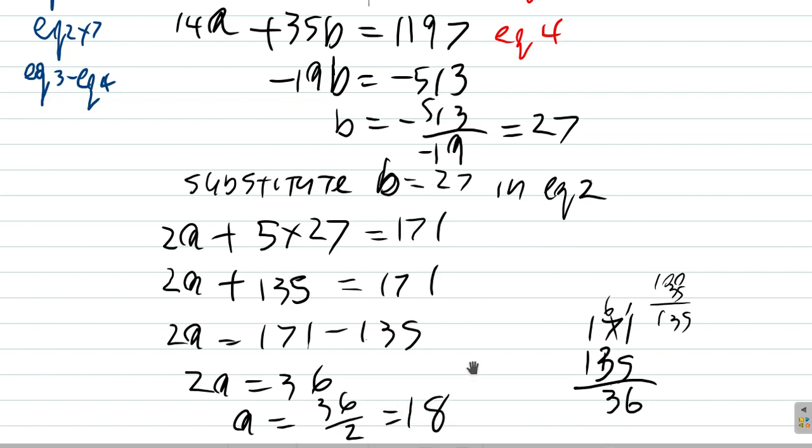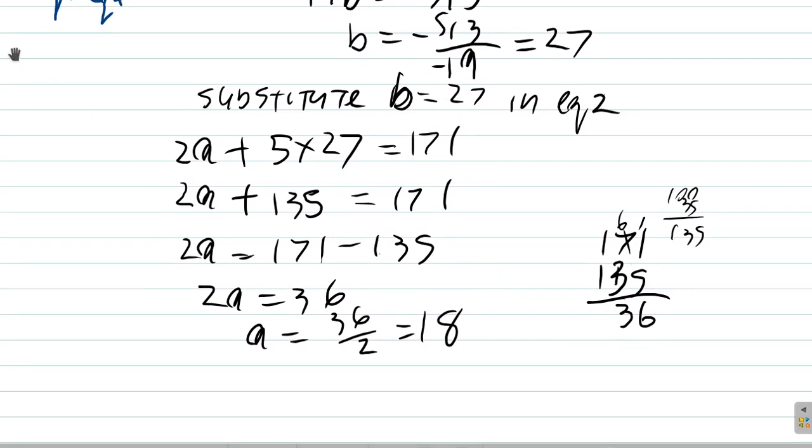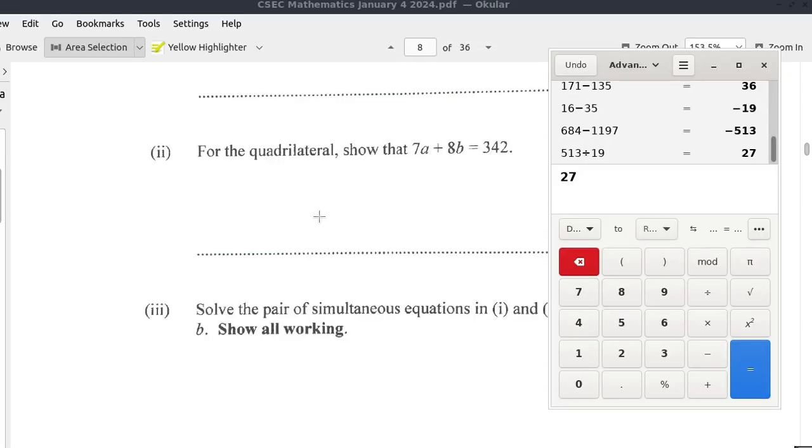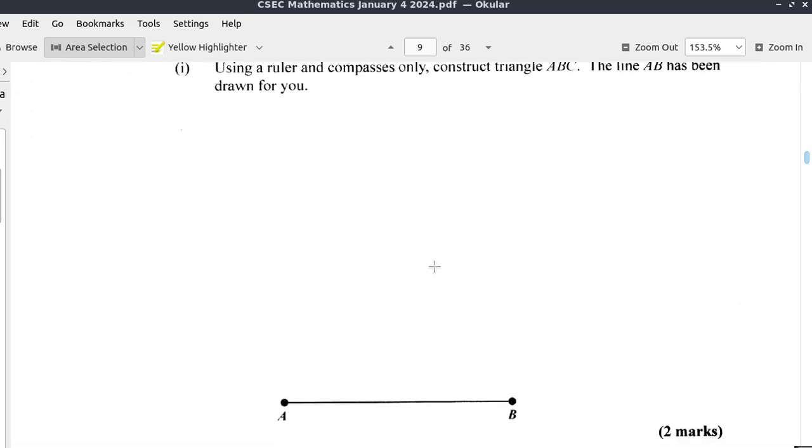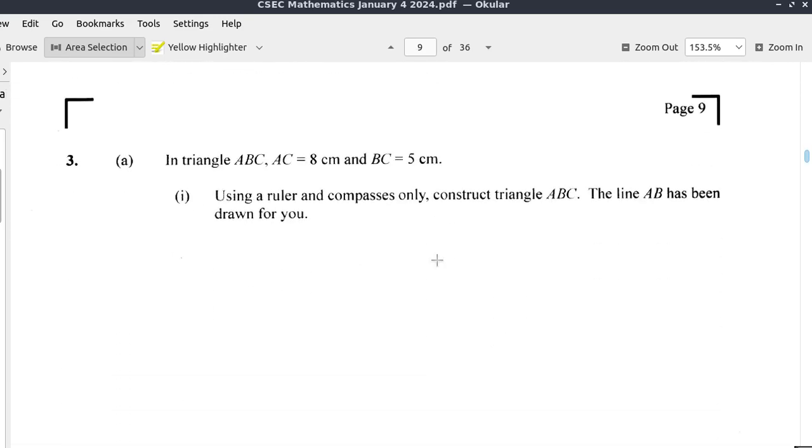So what you have is that a equal 18 and b equal 27 as the answer. So that is it for question 2. We'll move on to question 3 in the next video.